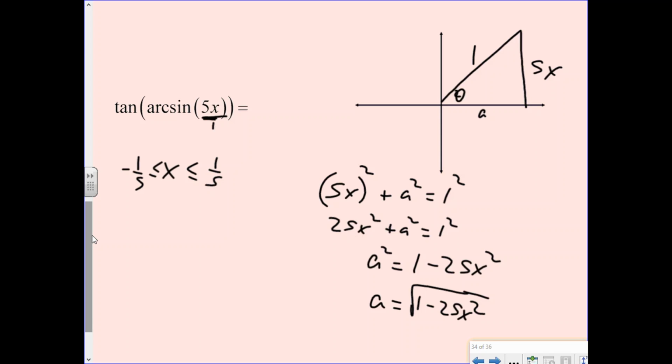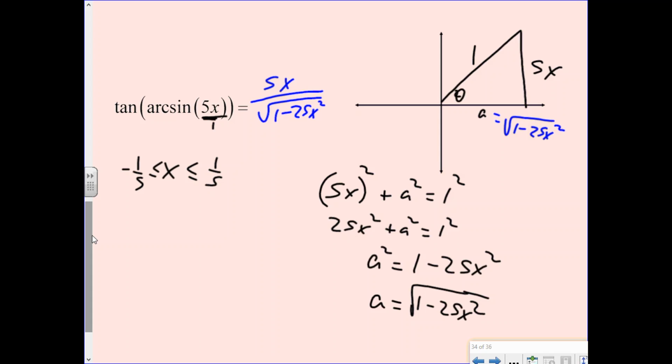And so the tangent of that angle, I apologize, it should be opposite over adjacent, so it would be 5x over the square root of 1 minus 25x squared.